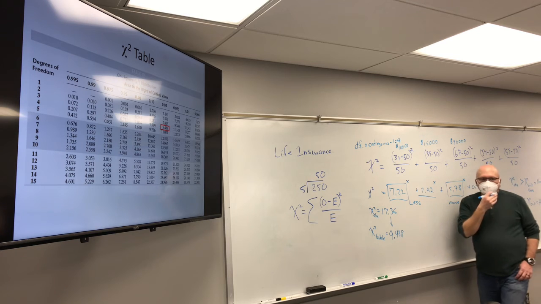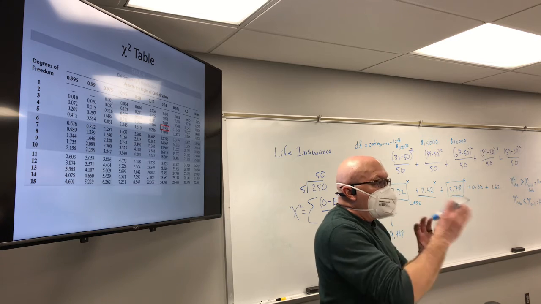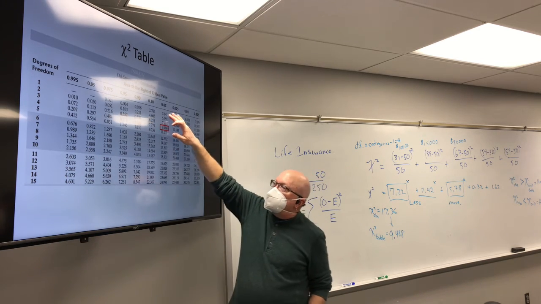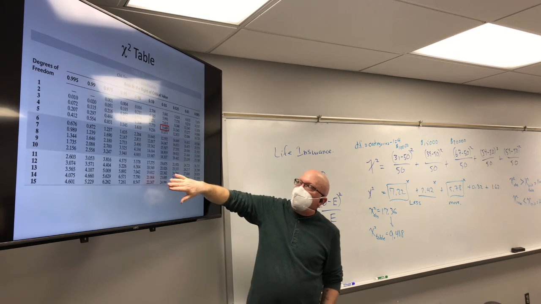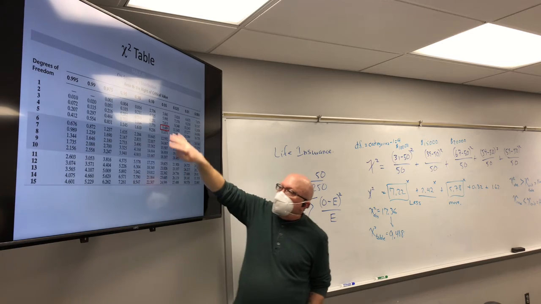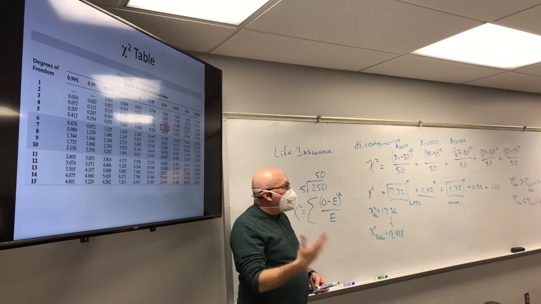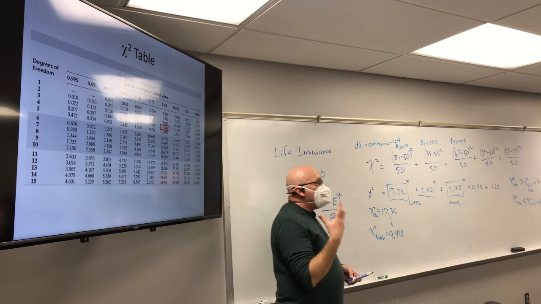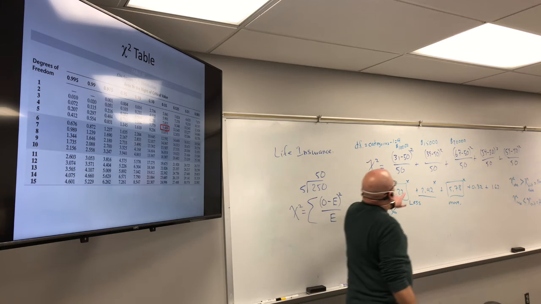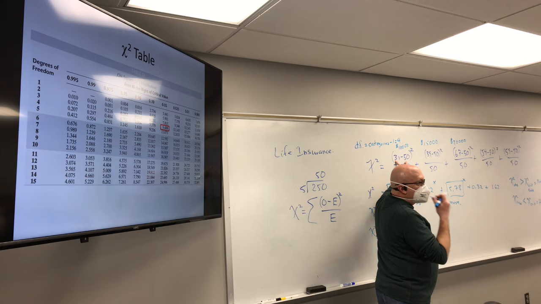So think about this. The more categories you have, the more differences get added up. So as you go from the top of the table to the bottom of the table, you're increasing the number of categories that you have. So the tabled value of chi-square increases, but that's mainly because you're adding up more differences. The other thing that makes differences add up in the chi-square is those situations where you have a lot of disagreement between what you observe and what you expected.